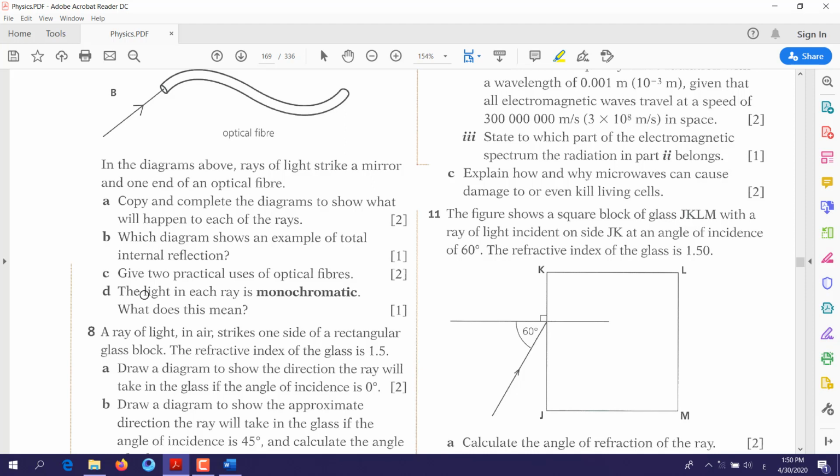D. The light in each ray is monochromatic. What do you mean by the word monochromatic, or what is an example of monochromatic light? It's the light that comes from a laser. So the meaning of monochromatic is that it has a single wavelength.